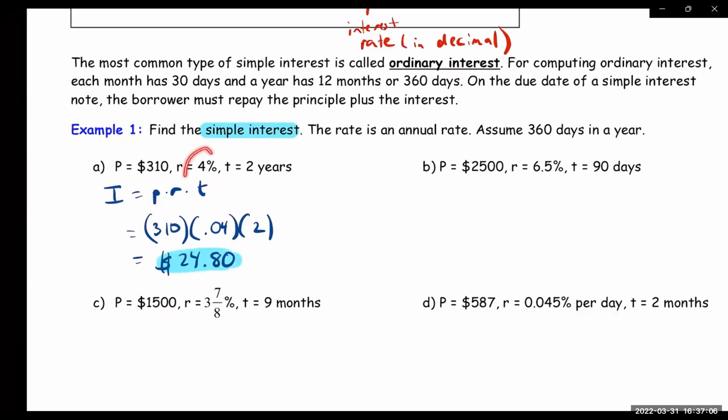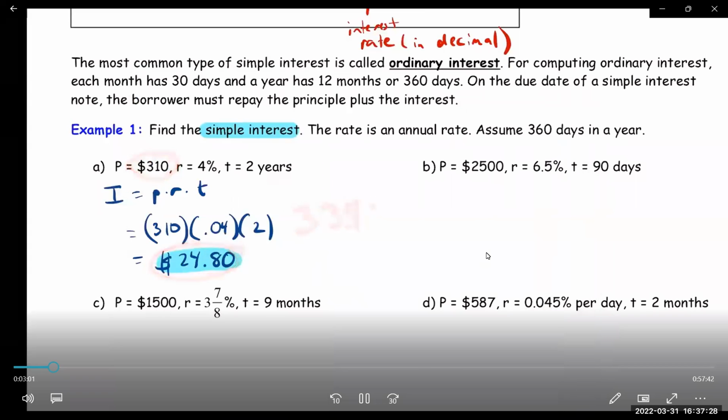So at 4% interest, if you were to borrow $310 from maybe the bank, after 2 years, this is how much you would pay in interest. In order to pay the bank back, you would have to give them the full $310 back plus $24.80, which would be a total of $334.80 back. So that's the amount that you would owe back.